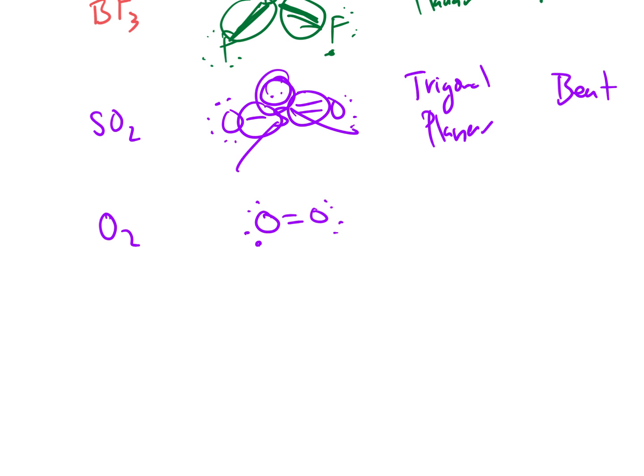No, just pick one. How many regions are around this oxygen right here? 3. 1, 2, 3. 3 regions. So what's the electron geometry, guys? Trigonal planar. Good?